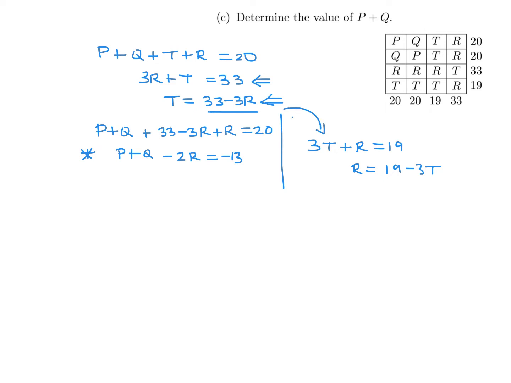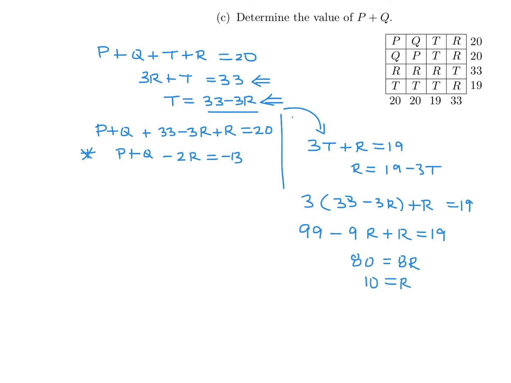Either way. So 3 times t, which is 33 minus 3r, plus r is equal to 19. Multiplying this, we get 99 minus 9r plus r is 19. So that means 80 is equal to 8r, and therefore r is 10.